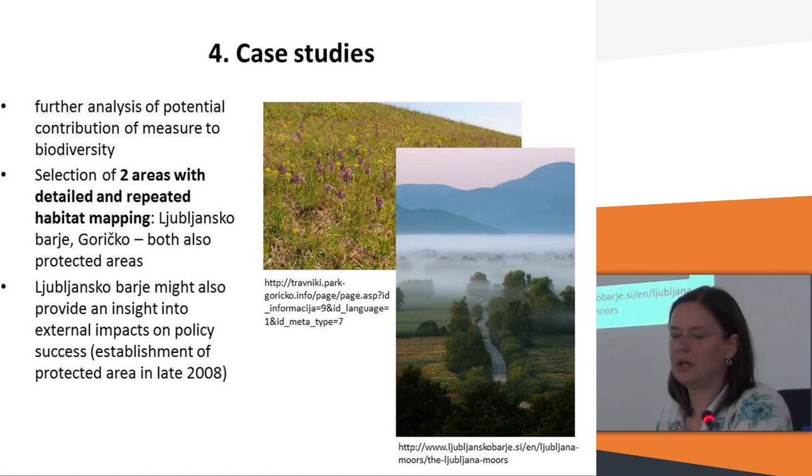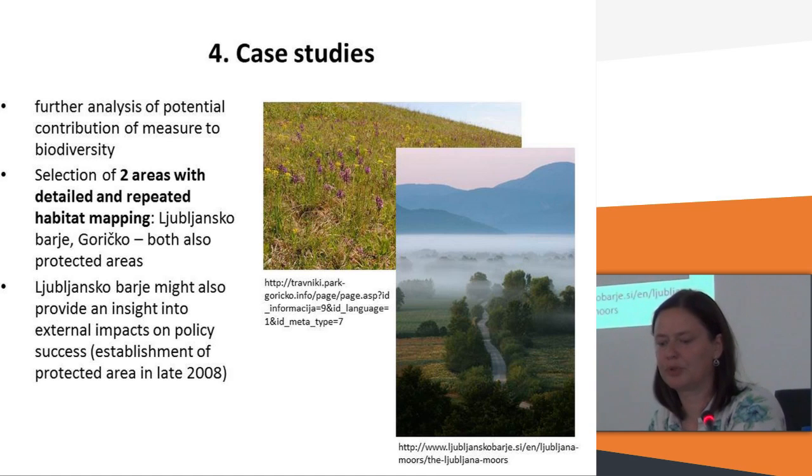This is mostly wet meadows, let's say forests, and so on. Highly threatened by, you can imagine, appetites for build-up and so on. But it has been preserved as a landscape park since 2008. Another policy change that has happened during RDP implementation.